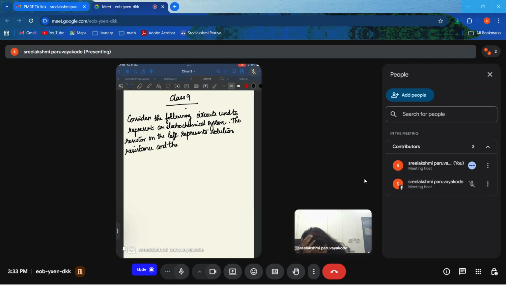The capacitor represents the double layer capacitor.